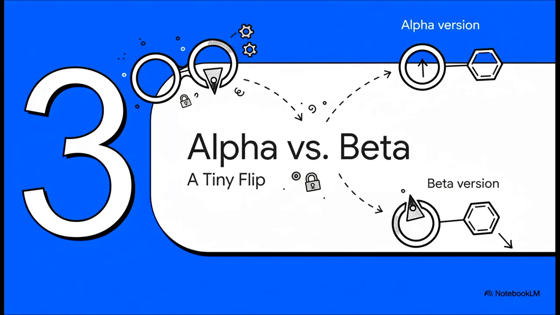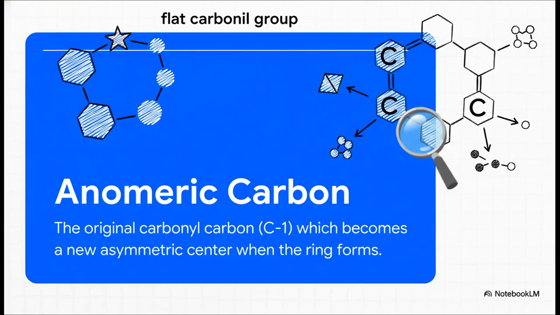Just when you think you've got it, the plot thickens. Because when that ring snaps shut, it can do so in one of two slightly different ways. And this tiny, tiny variation creates two new versions of the glucose ring. This distinction might seem small, but in biology, it's a really, really big deal. Let's go back and focus on carbon 1 for a second. Before, it was part of a flat group.